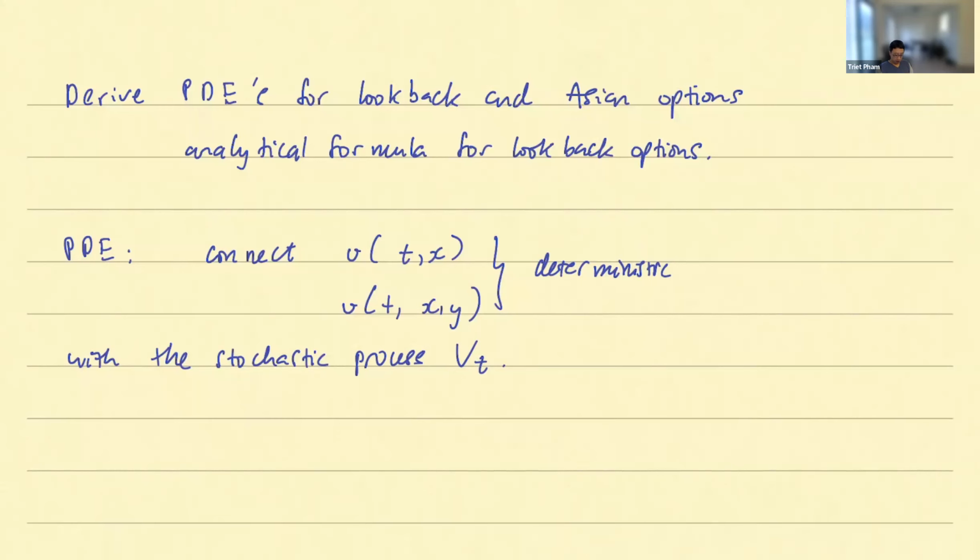And so normally you would feel like there are easy candidates for the X, for example, ST, like the Black-Scholes call option.